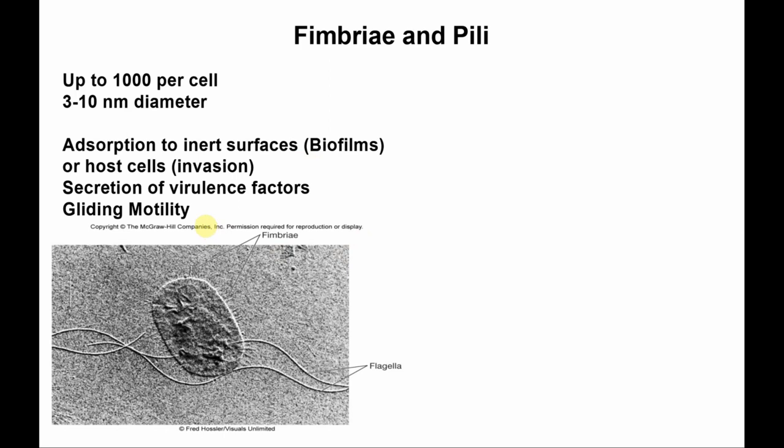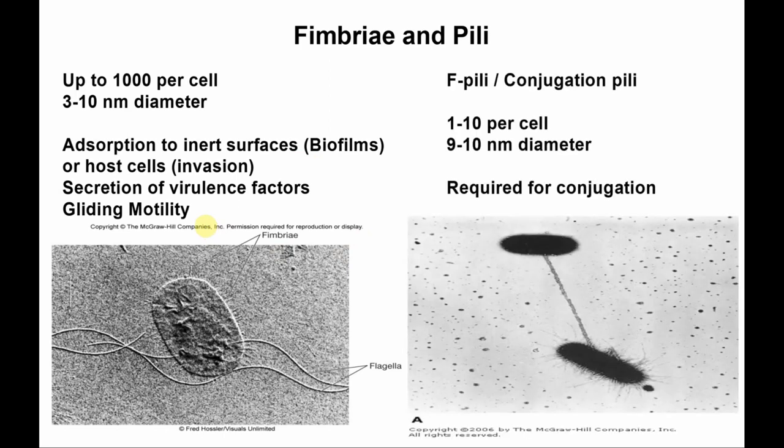Now, as well as these normal or regular pili, there are what are called the F pili or conjugation pili. These are rather fewer in number, a little bit towards the high end of the range for the diameter of pili. And they deserve their own special name because they have a very particular function. They are essential for the conjugation, that is the transfer of genetic material between bacteria.